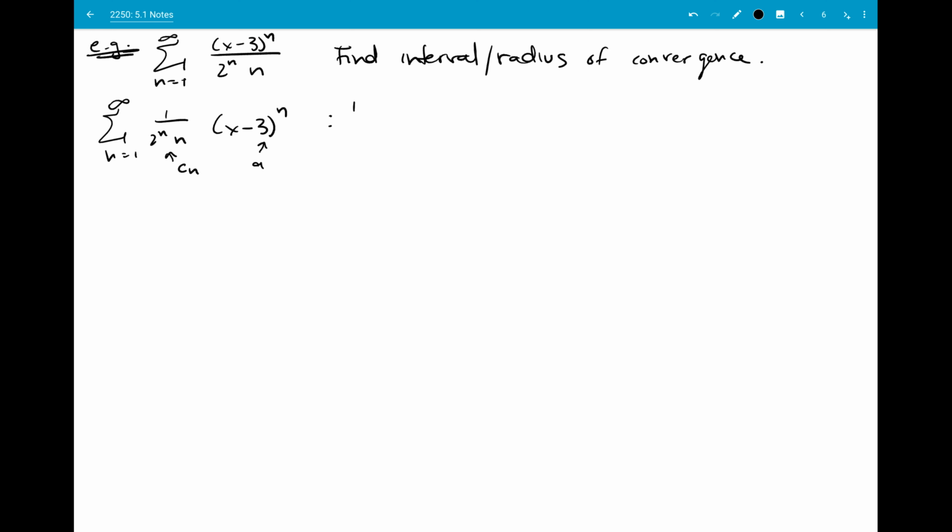So what I'm interested in is the limit as n goes to infinity of subsequent terms. So we've got (x minus 3) to the n plus 1 over 2 to the n plus 1 times n plus 1, over (x minus 3) to the n over 2 to the n times n.